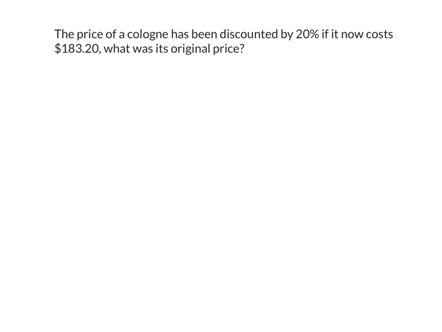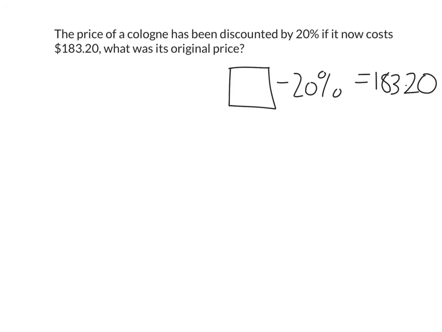This isn't saying the price was $183.20 and is now 20% off. What it's saying is it used to cost some amount that we don't know. We don't know its original price. Then it was discounted by 20%, and that left $183.20.